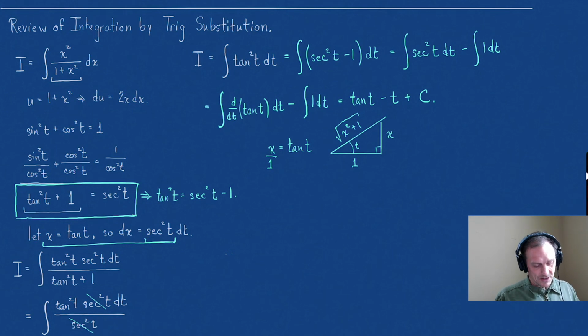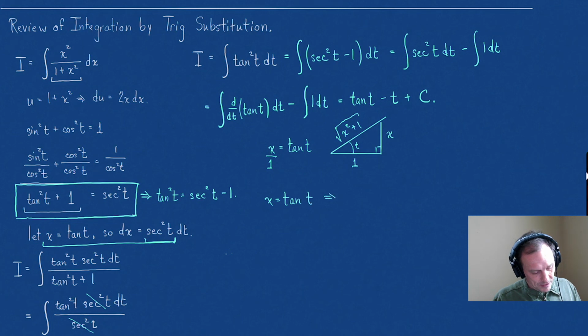So my answer is the tangent of t. Well, the tangent of t is just x. I didn't even need that triangle, but it's good to recall. So the tangent of t is going to be x minus, well, what is t? We said that x is tangent of t.